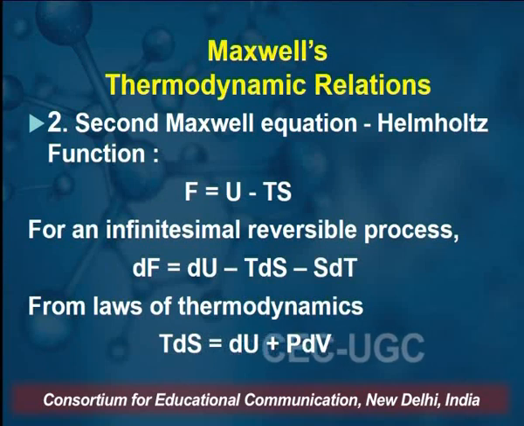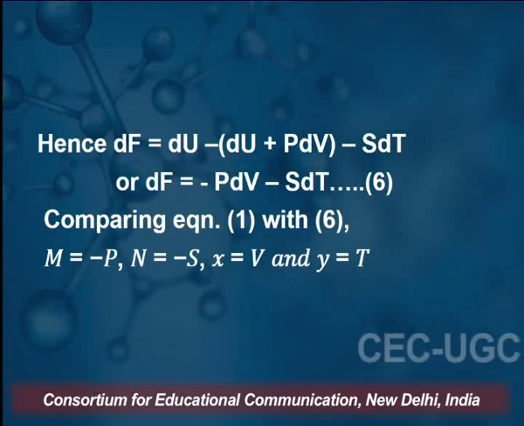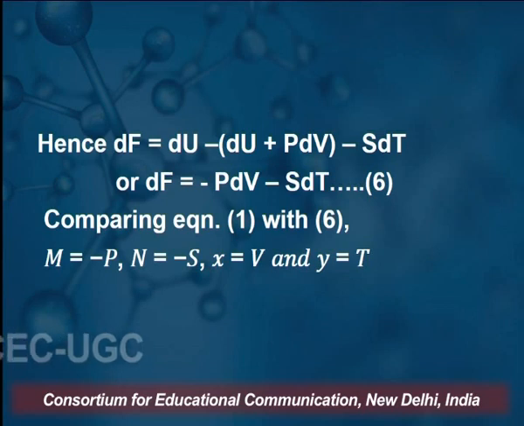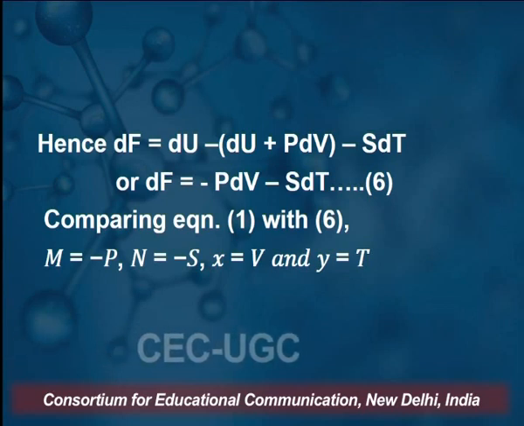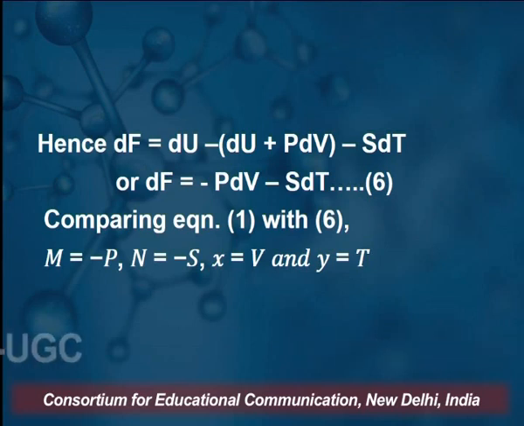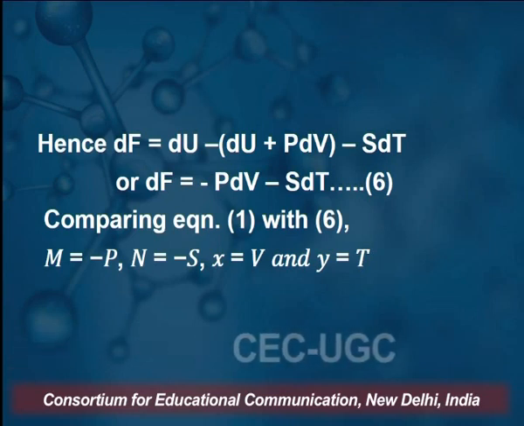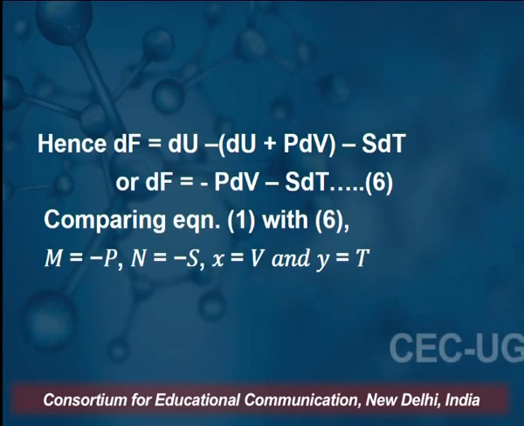From the combined first and second law of thermodynamics, we have TdS is equal to dU plus pdV. Hence, we can write dF as dU minus dU plus pdV minus SdT. dU gets cancelled and we get dF is equal to minus pdV minus SdT.